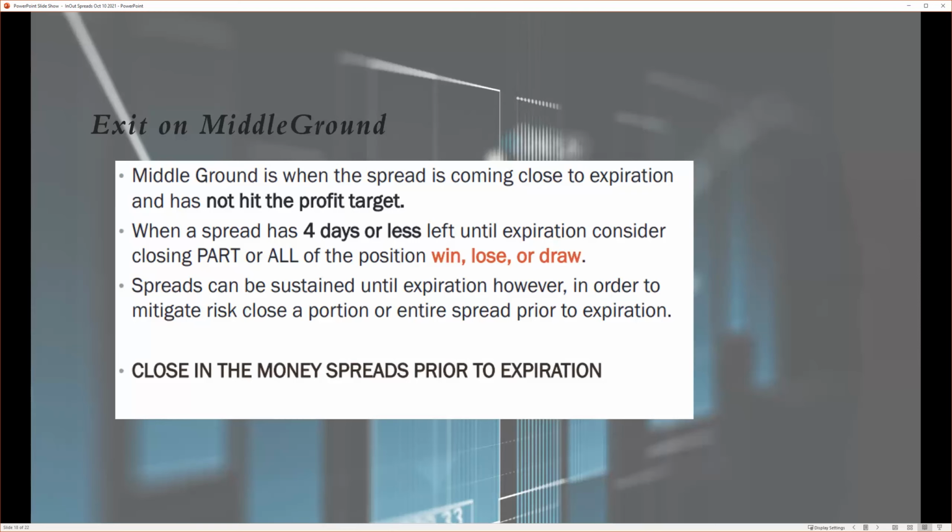You're not going to sell it 1 day or 20 minutes before expiration. Either you sell it 4 days prior, or you let it die until the end, or get rewarded, okay? And very important, if your spread is in the money, you have to close it no matter what, because you're going to get assigned, right? Very important.